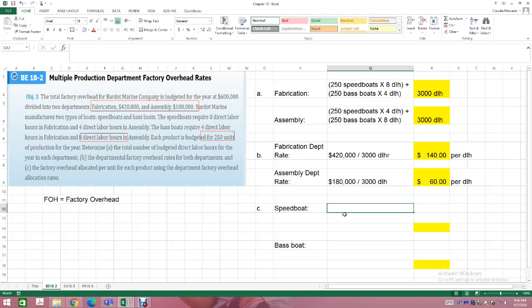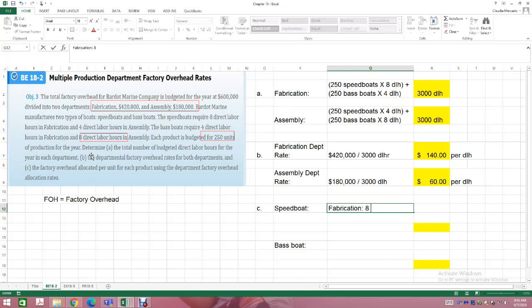Okay, so I'm going to start here on the speedboat with the fabrication department. So, for the fabrication, I know that I need, it says here, the speedboat requires 8 direct labor hours in fabrication.